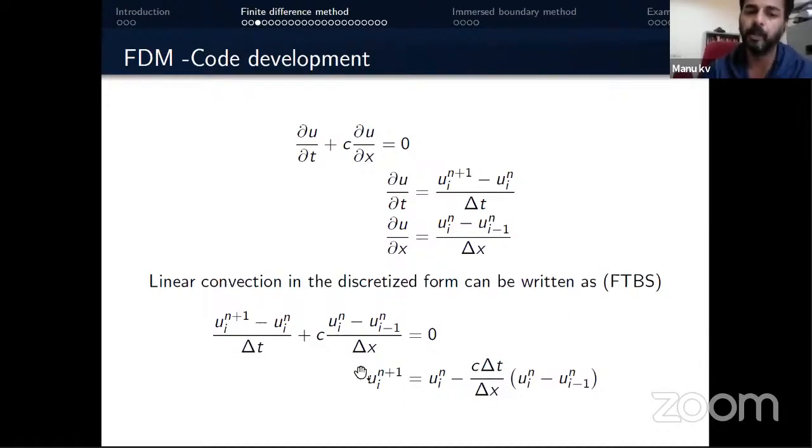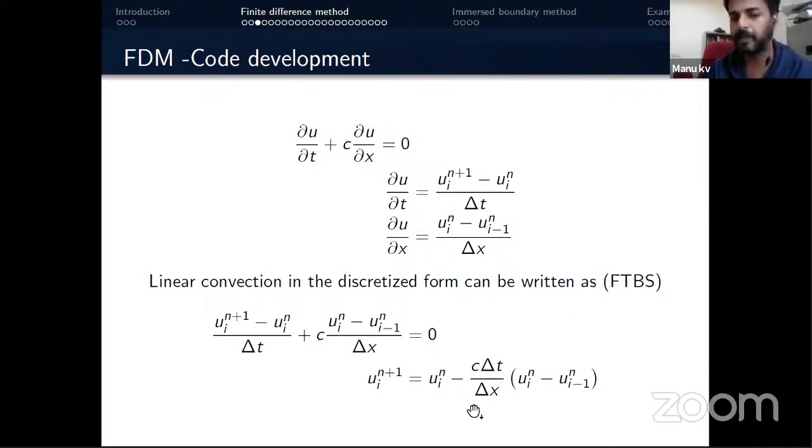Once we know the initial condition, we can march forward and obtain the value at the next time. Here n plus 1 represents the value of velocity at the next time interval, after delta t. Our aim is to calculate the time advancement: once we know the initial condition, how the velocity, or how the properties, will change with respect to time.